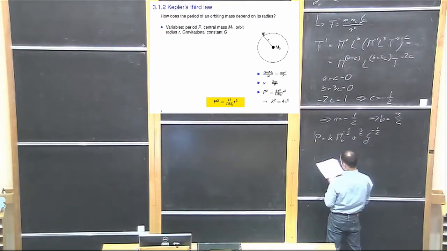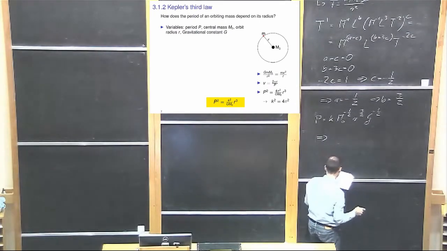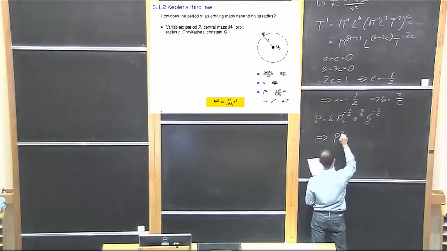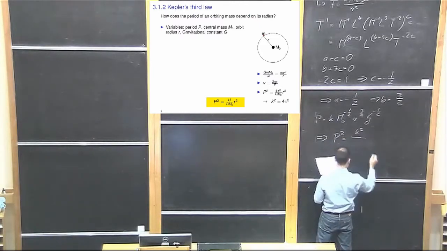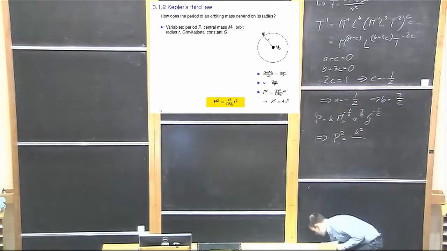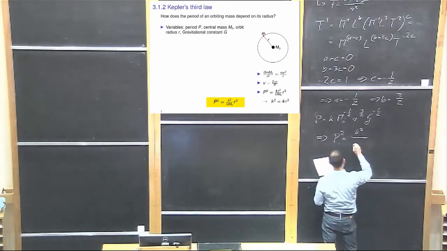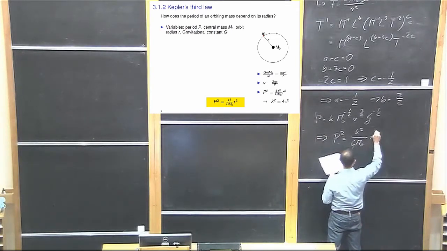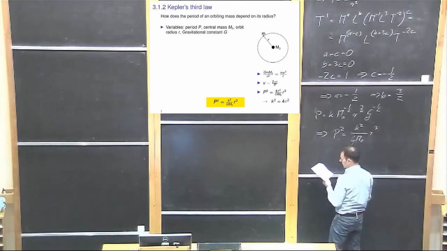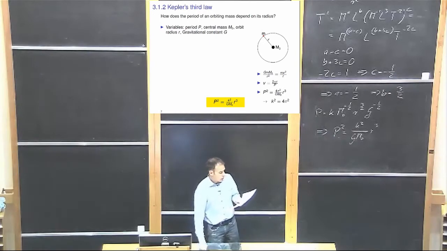And if I'm going to rewrite that a little bit, so it's really in the form Kepler postulated, P squared equals K squared over G M naught, R to the 3. So this way we get Kepler's third law.